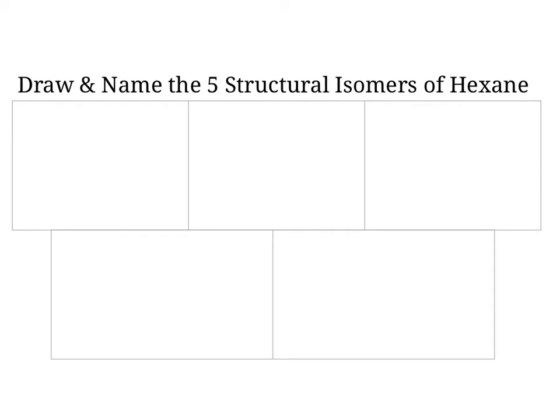So I know that hexane has a chemical formula of C6H14. I'm going to take some time and I'm going to draw all of the possible combinations for that.